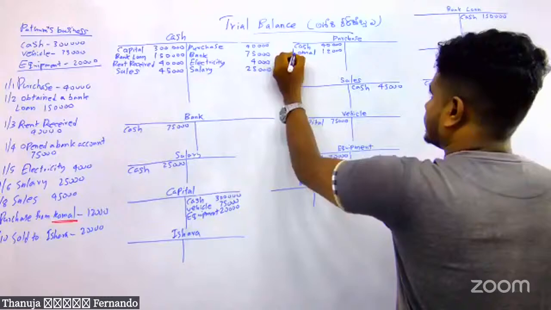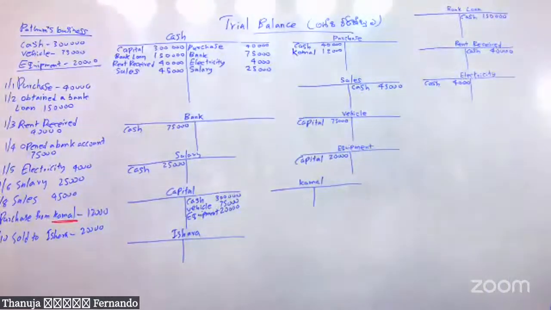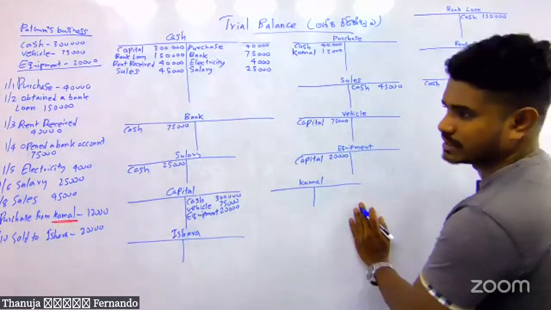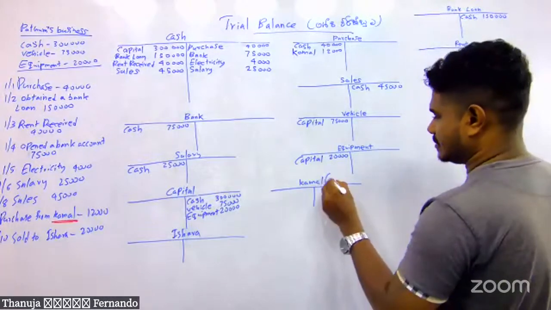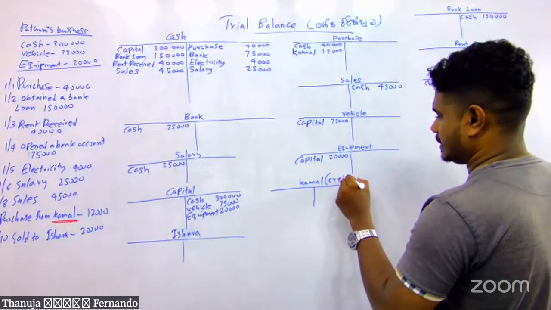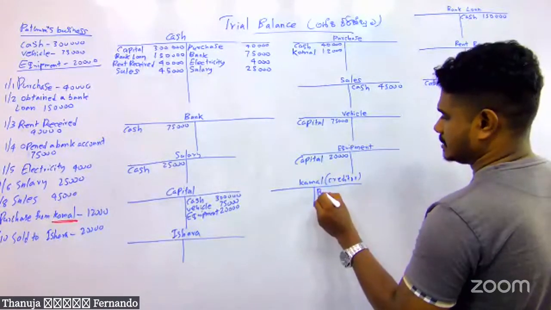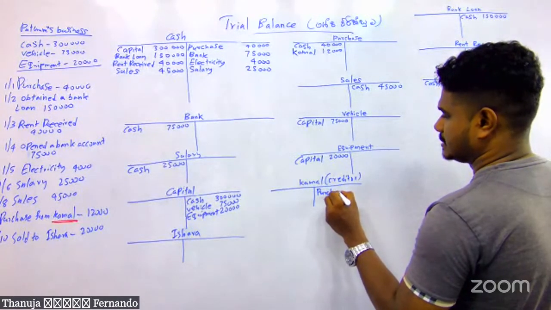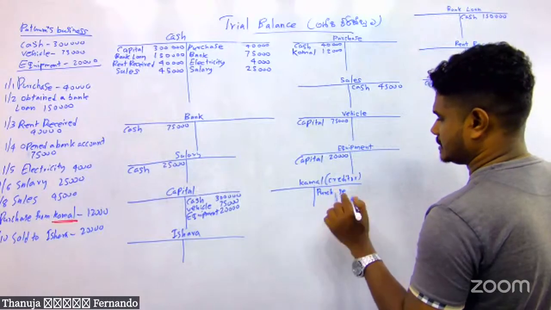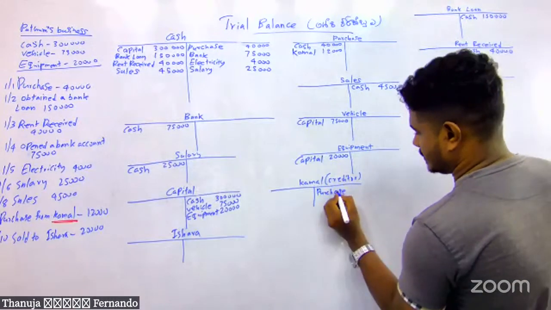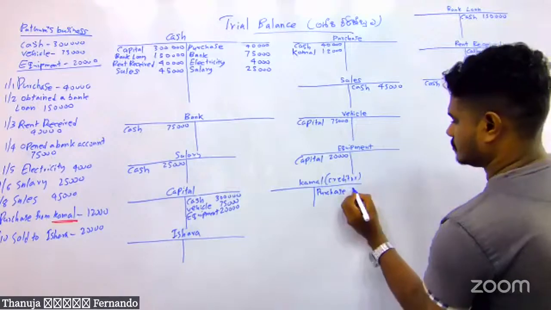Kamal is a creditor. Creditor Kamal, 12,000 as purchase. Increasing creditor means increasing liability. Increasing liabilities, credit 12,000.